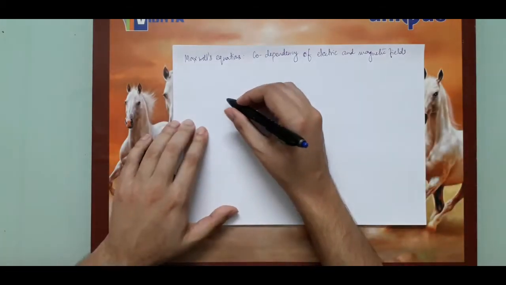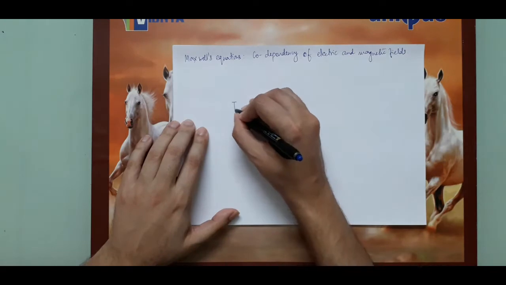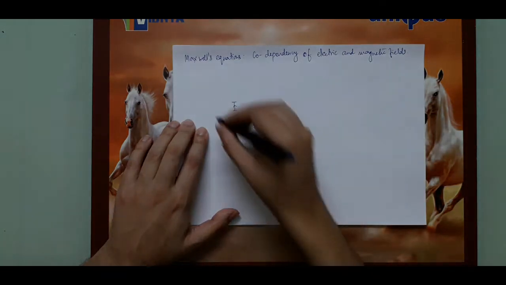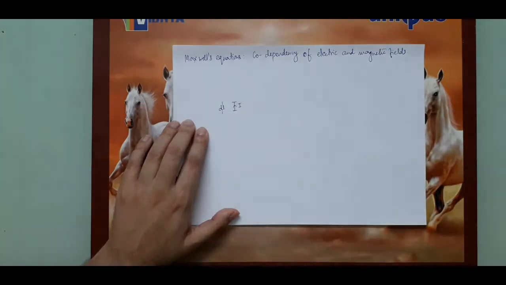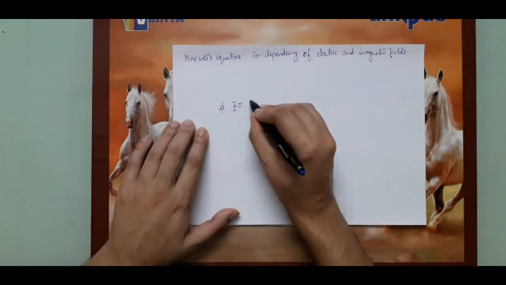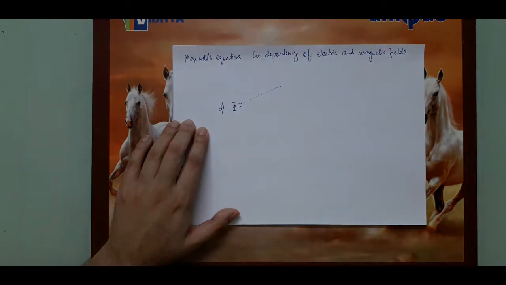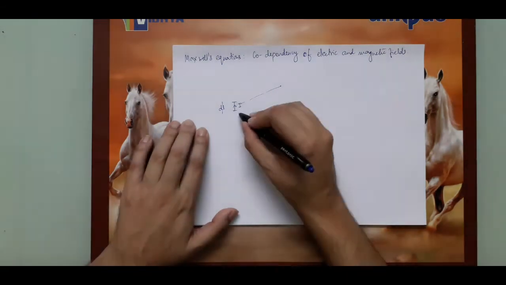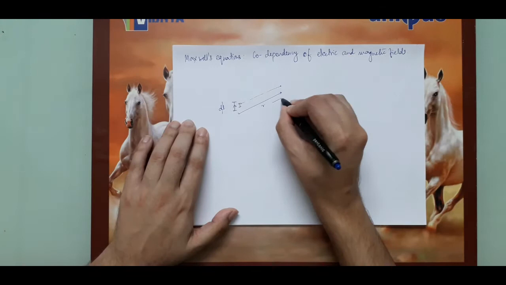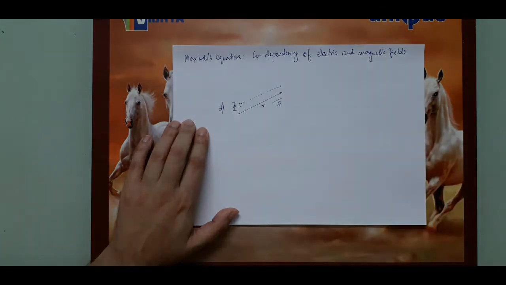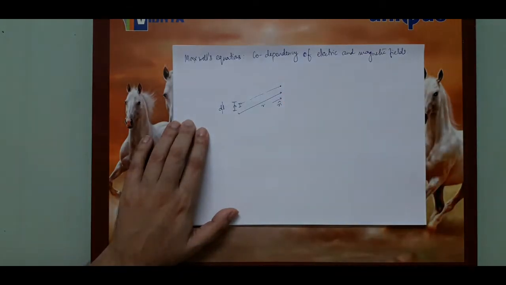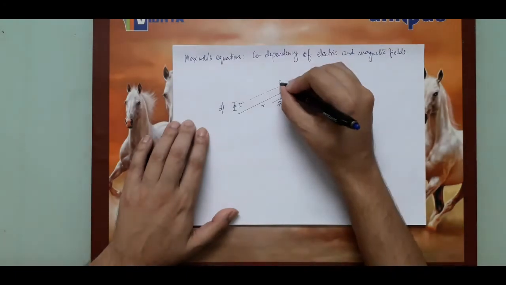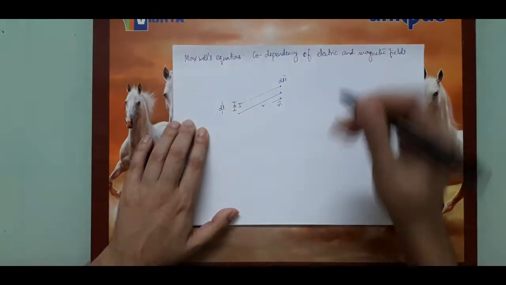We have already discussed this particular example. Suppose there is a small current element of length dl and the current is I. Then at some point away from this current element, if this distance is some r and the unit vector is r cap in this direction, we know that a small incremental magnetic field will exist.